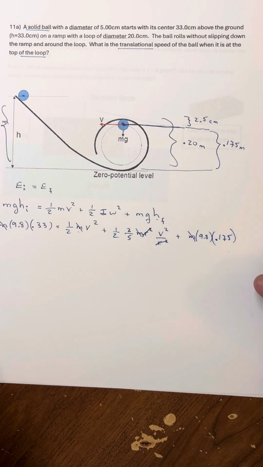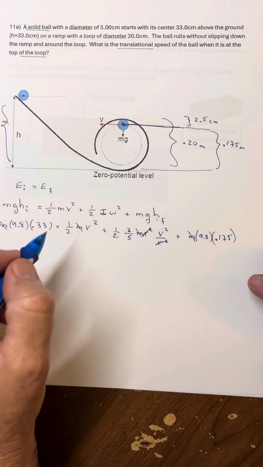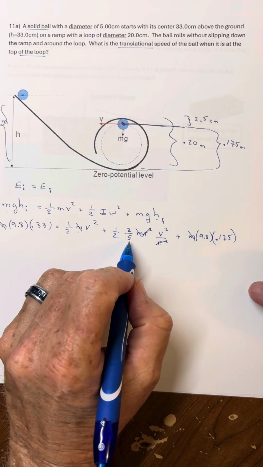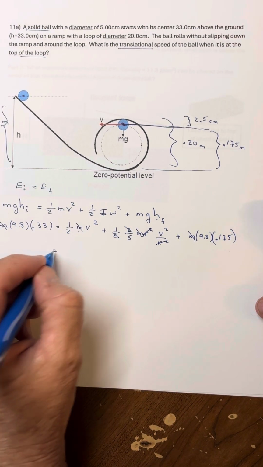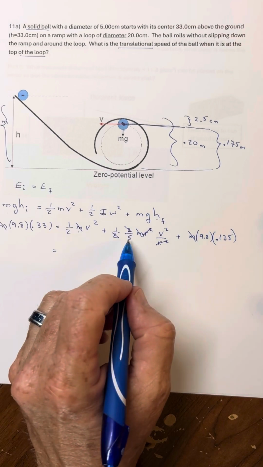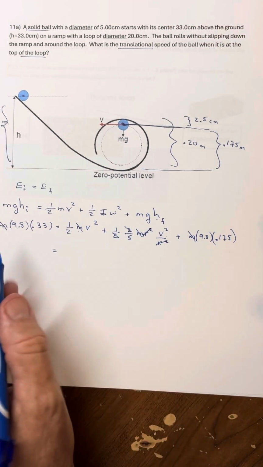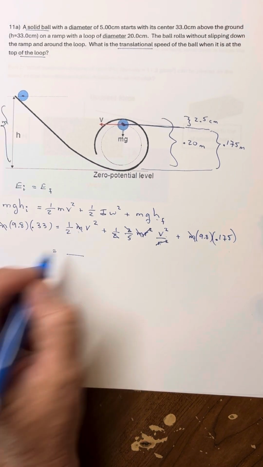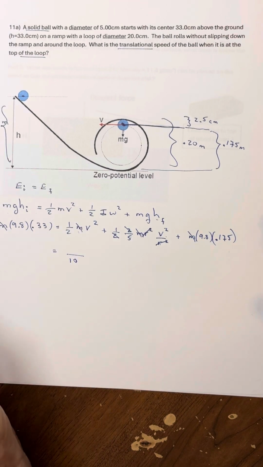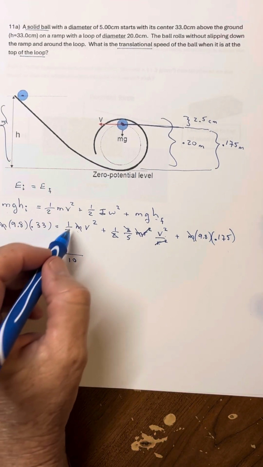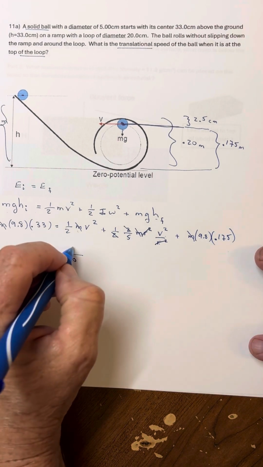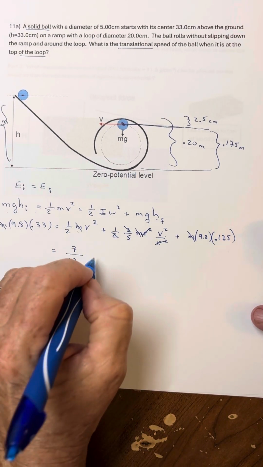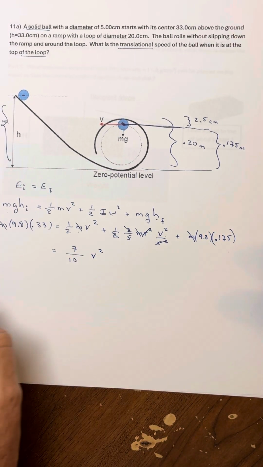And so maybe I will do this term. Because now I see that I have a 1/5 v squared and a 1/2 v squared. So that's a common denominator of 10. 5 plus 2 is 7 v squared over 10.